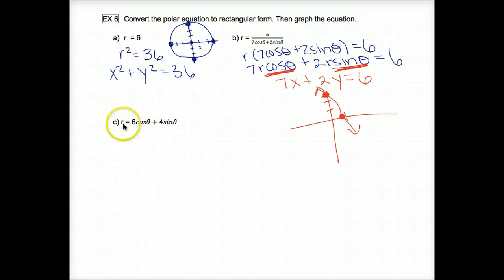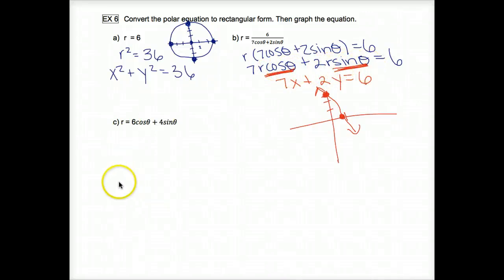Okay. The last one. Notice here I've got cosines and I've got sines, and sometimes we can use our trig identities to manipulate, but in this case, since I have cosines and sines, that makes it a little bit difficult. But if I have cosines and sines, I really am trying to maybe get something like what I had here, where I could have r cosine theta and r sine theta.